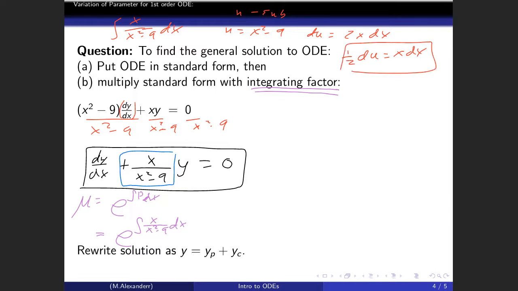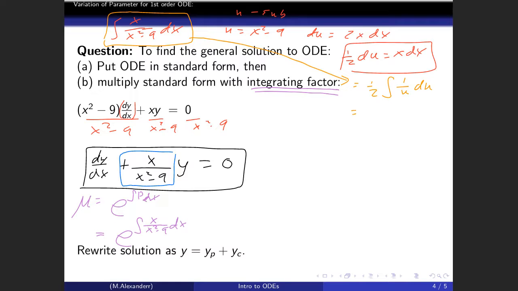So I'm going to make this substitution in my integral in the very beginning. And so when I do the substitution, I get the following. The original integral in the gold box is equal to 1/2 integral of 1 over u du.